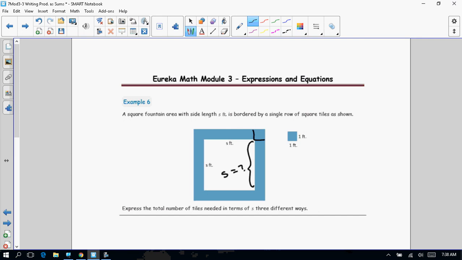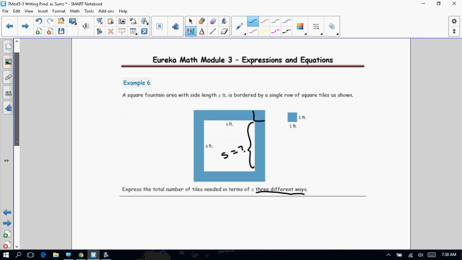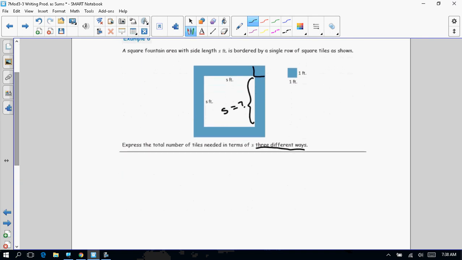S for side, probably. Okay, so what we're going to do is find different ways of rewriting it. It says 3 different ways to write this exact same problem. So one way I could look at it, okay, now there's going to be multiple drawings on here. Let's go with the one I've already started here on the right-hand side. So I know I've got one here. I've got this whole section here that I just called up to there.